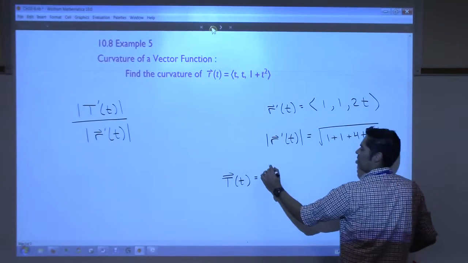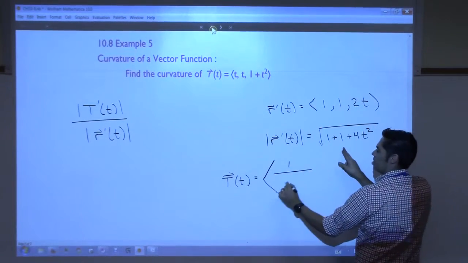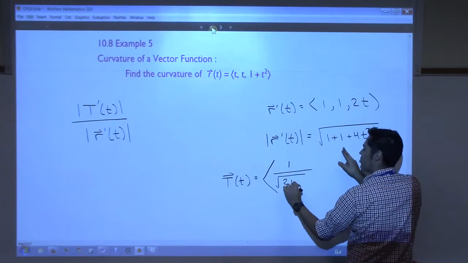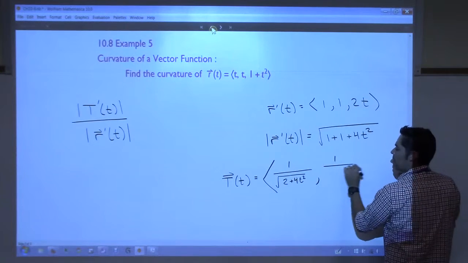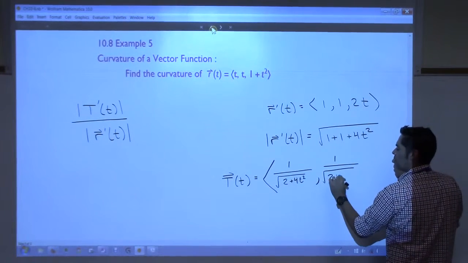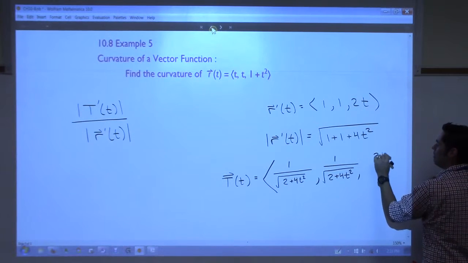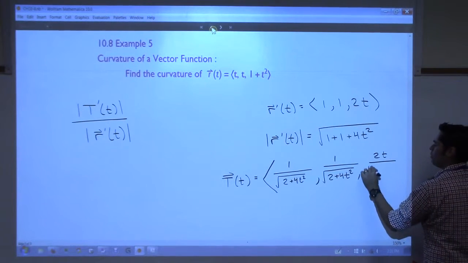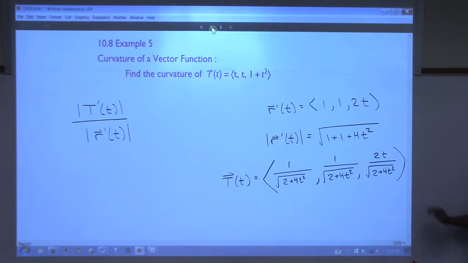So watch, I get 1 divided by root 2 plus 4t squared, and then 1 divided by root 2 plus 4t squared again, and then finally 2t divided by root 2 plus 4t squared. That's my unit tangent vector, isn't it?